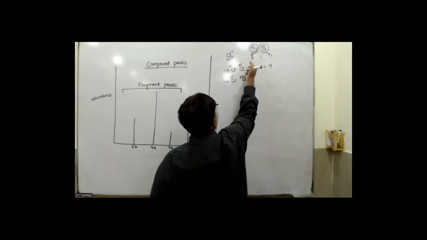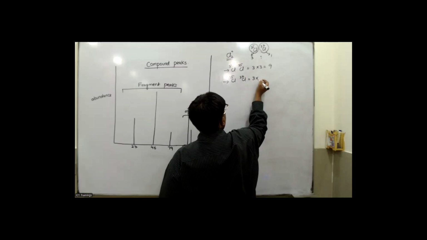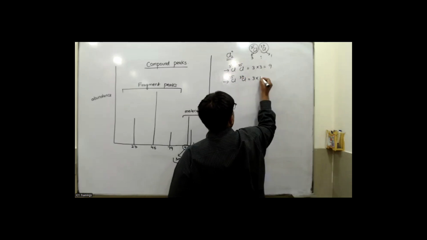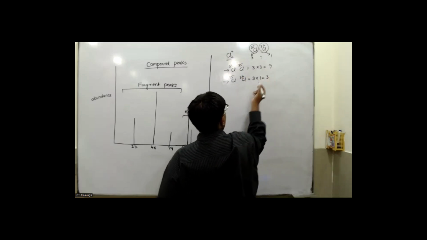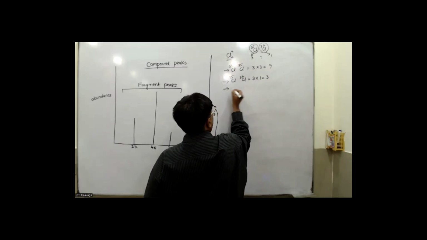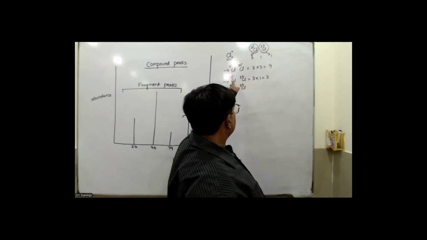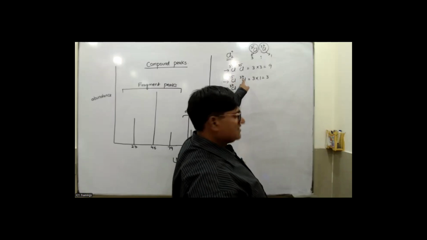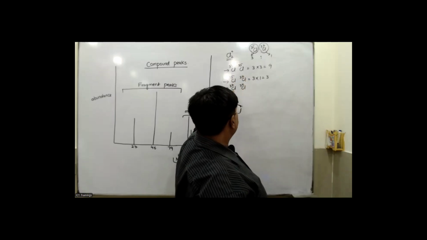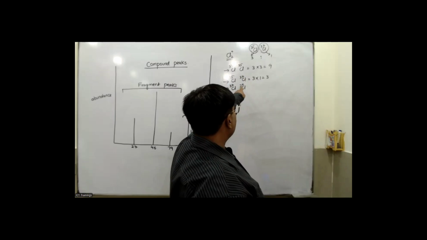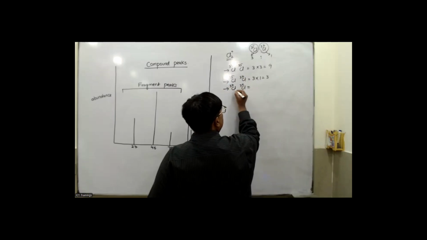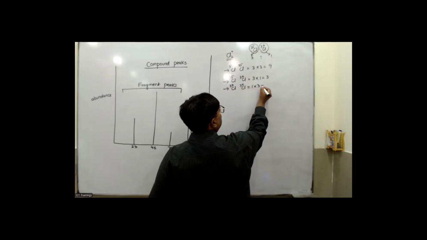So 35 has the ratio 3 and 37 has the ratio 1, so 3 into 1 is 3. The next one is Cl37 and Cl35, because two chances are there. The first atom is 35 and the second is 37; up here the first is 37 and this is 35. So this is 1 into 3, which is also 3.